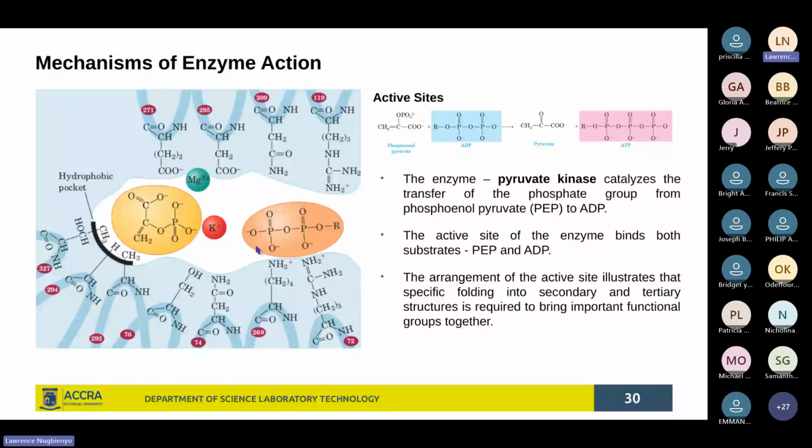This place is referred to as a hydrophobic pocket, where you have some CH3 groups, and some substrates coming in there. And you see metal ions as cofactors, magnesium ions, potassium ions. This looks much more like a transfer or the break of a phosphate group.